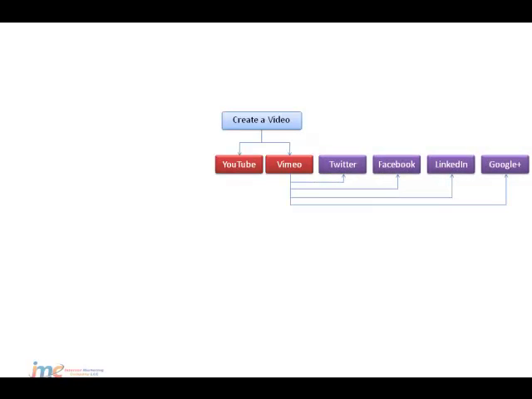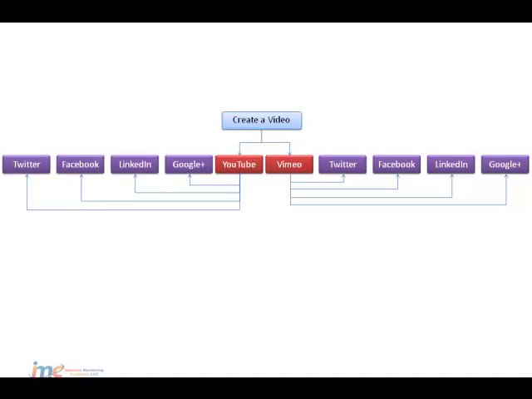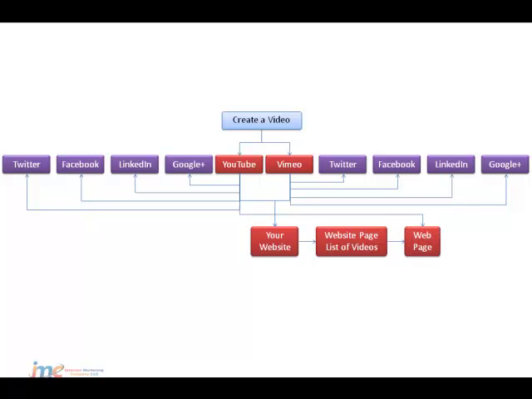However, you do further, and every time you post to these video sites, you again amplify yourself through your socials under Twitter, Facebook, LinkedIn, Google Plus, or any other socials that you're using. From one of these video sites, what you can do is create a page with all of your videos within your website and pull this video to that page, and this is sort of like the list of your videos.